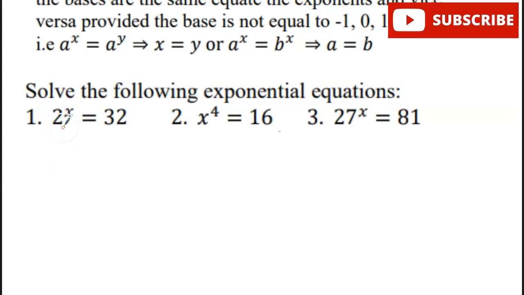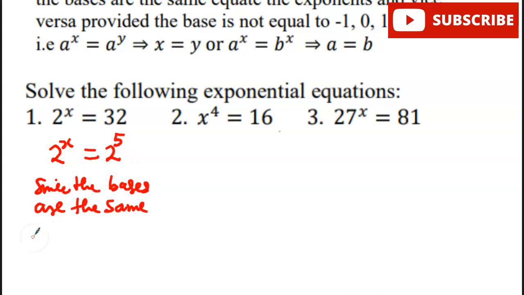So with this 32, can we express 32 in terms of 2? So 2 raised to the power x, with this we can write it as 2 raised to the power 5. We have already done simplification, so this should not be a challenge. Now the bases are the same. Since the bases are the same, 2, 2, we can say that x is equal to 5.